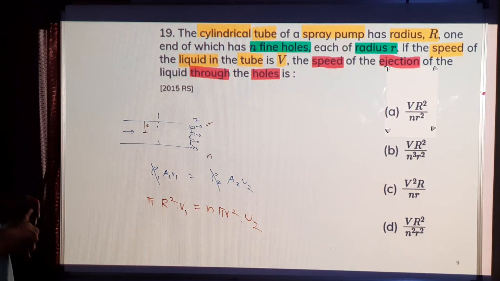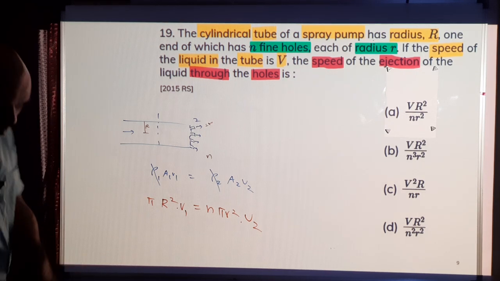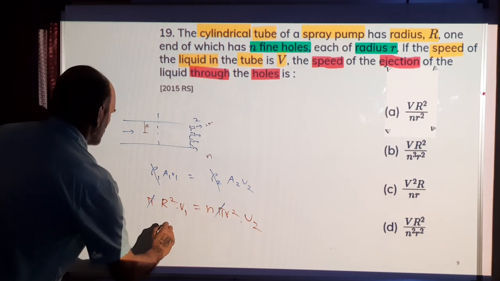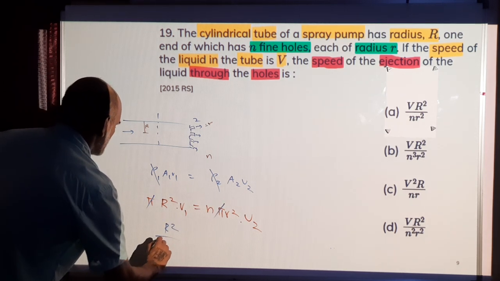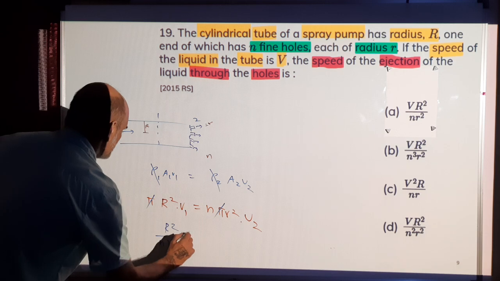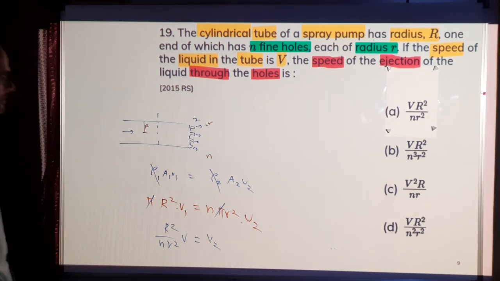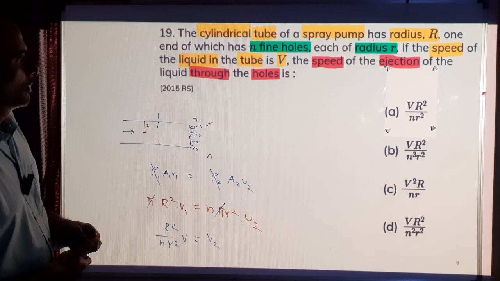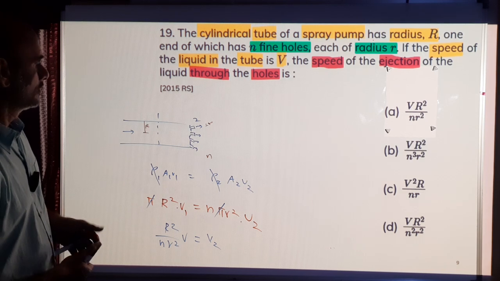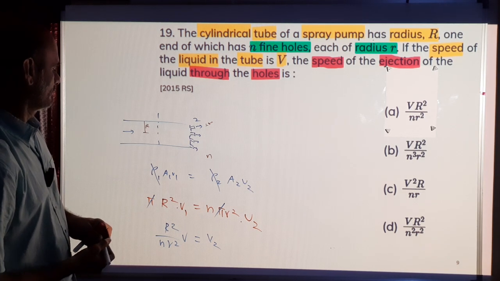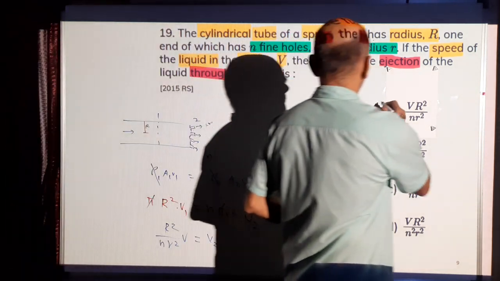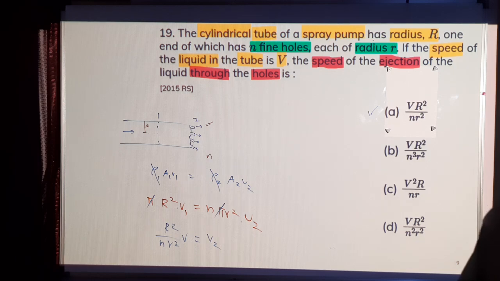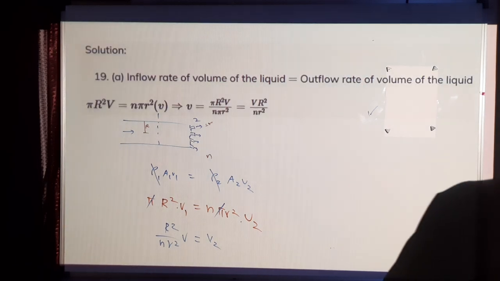V1 is given as capital V. So V2 is R square by n r square, into V. So option A, is the correct answer.